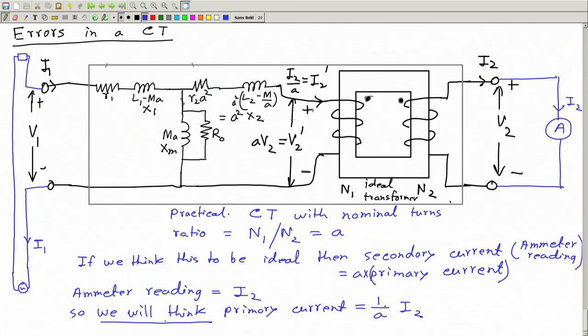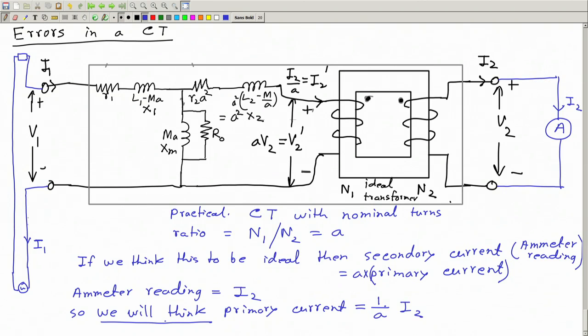If we by chance think that this is an ideal transformer, then this is how we will calculate the primary current from the ammeter reading, the secondary current, by dividing the ammeter reading by the factor A, the nominal turns ratio.